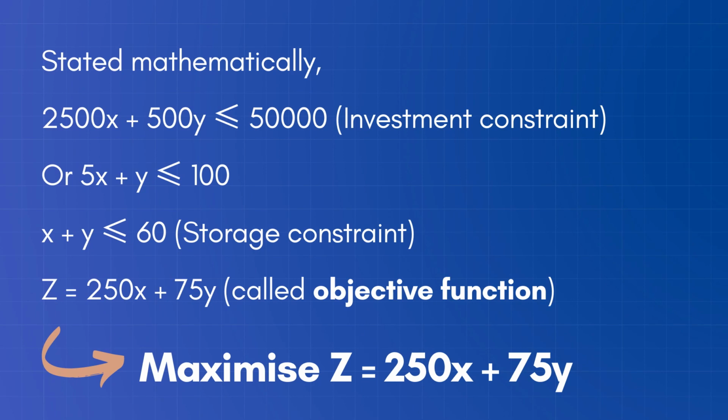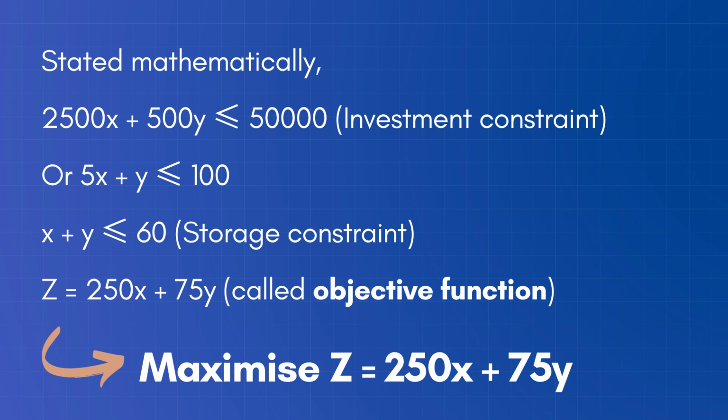When we write these constraints mathematically, they are converted into inequalities. 2500x plus 500y should be less than or equal to 50,000. This is the investment constraint, 2500 being the amount in which he buys a single table and 500 being the amount in which he buys a single chair.